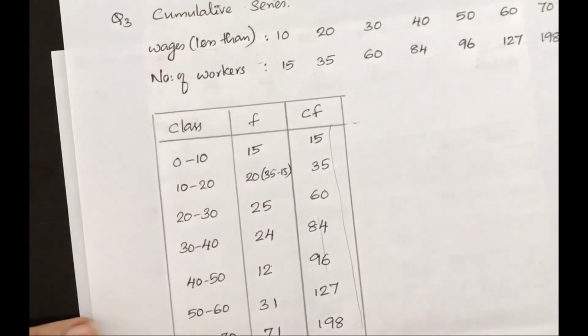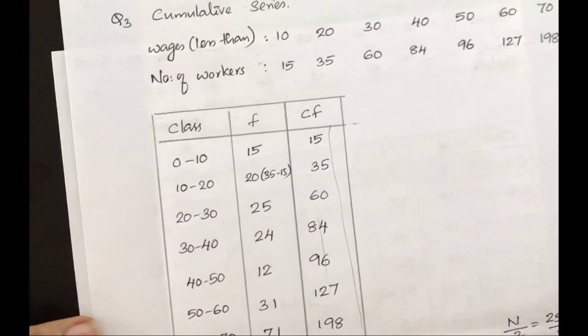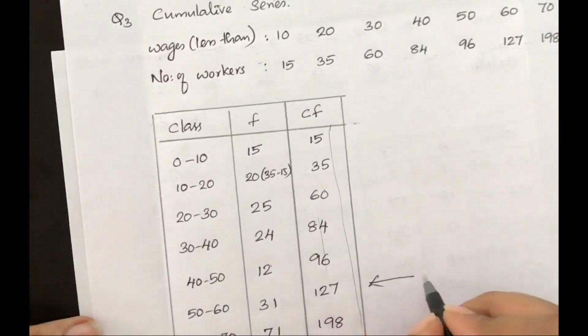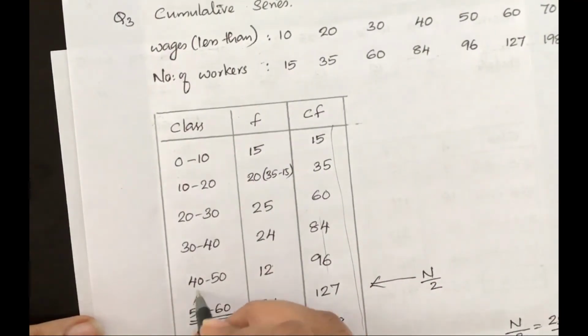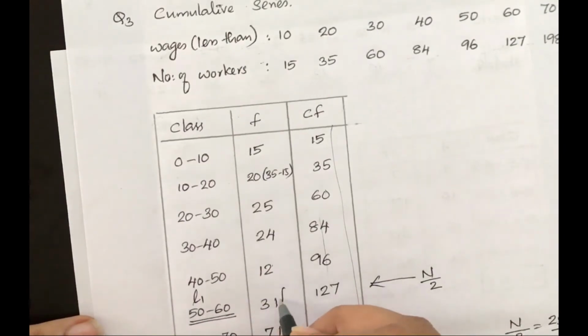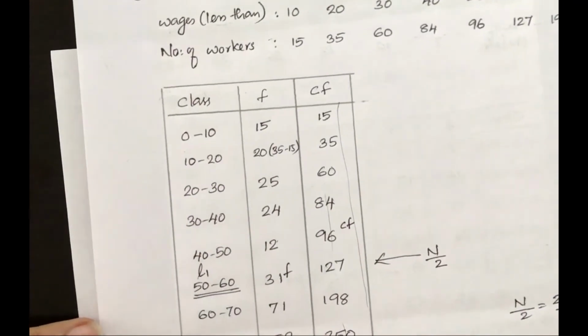Now we need to find n by 2. n by 2 equals 250 divided by 2, that is 125. It is included here. So this is the median class, this is L1, this is F, this is CF. Okay, C is 60 minus 50, that is 10.